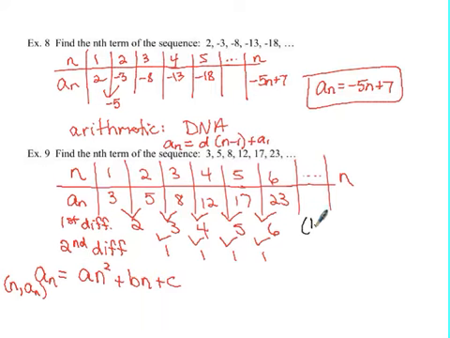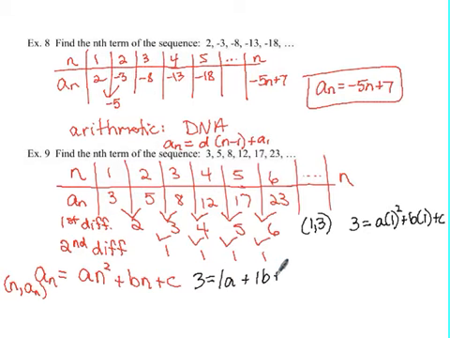I'm going to pick 1, comma, 3. So I would write 3 equals a times 1 squared plus b times 1 plus c. And if I tidy that up, that would be 3 equals 1a plus 1b plus 1c.